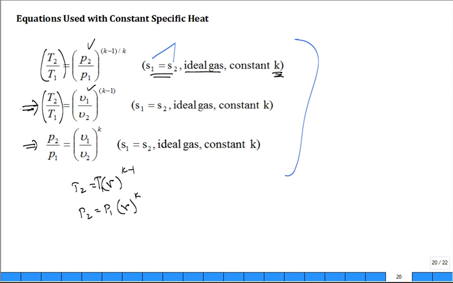Okay? But you'll find that this is used more often for the Brayton cycle because we have pressure ratios. And this one's used more often in the Otto and diesel cycle because it's compression volume change ratios, right? Okay, so there's a distinction.